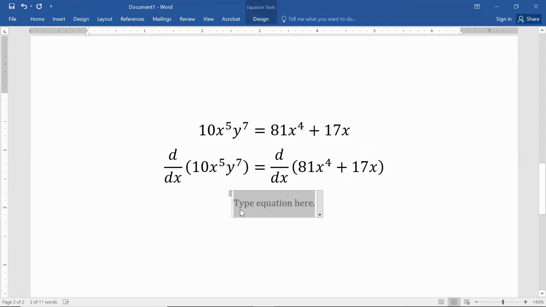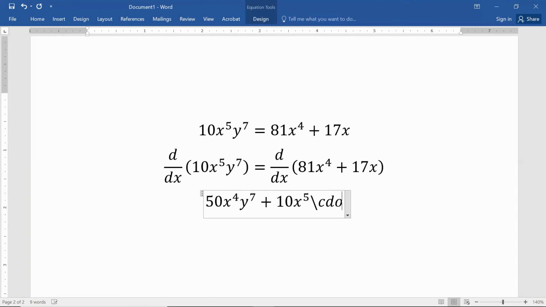So derivative of f, 50x to the fourth, times normal g, y to the seventh, plus normal f, 10x to the fifth, times derivative of g, that'd be 7y to the sixth, times the derivative of the inside function, which is y prime.